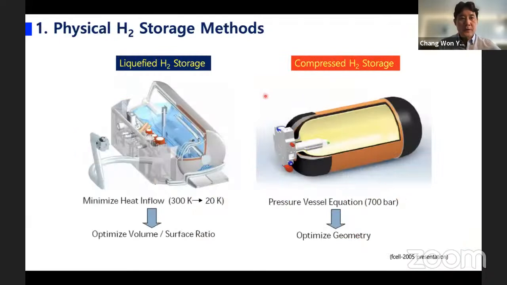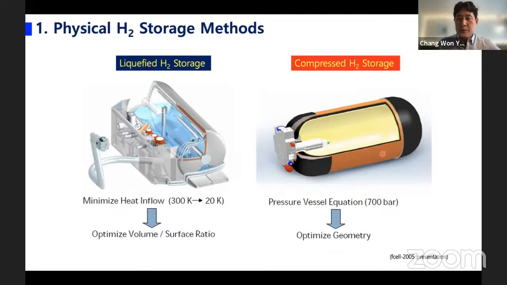So let me first talk more about physical hydrogen storage. This is compressed hydrogen storage. Generally, we use 700 bar pressurized hydrogen in a tank.